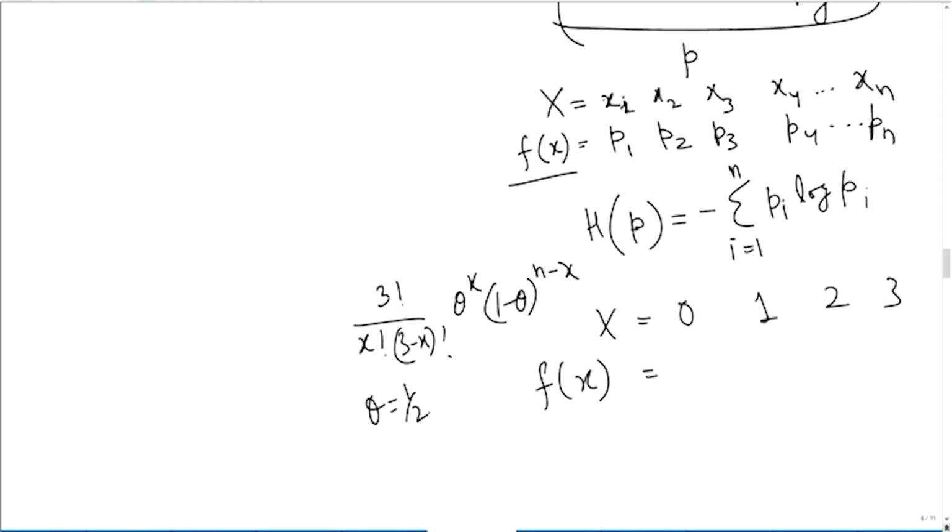For x equal to 0, this would turn out to be 1, this would become 1, and this would become 1 minus theta to the power 3, and if theta is 1 by 2, this is 1 by 2 to the power 3. So this would be 1 by 8.